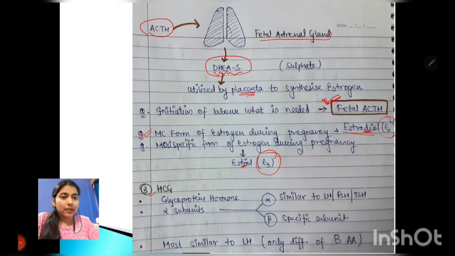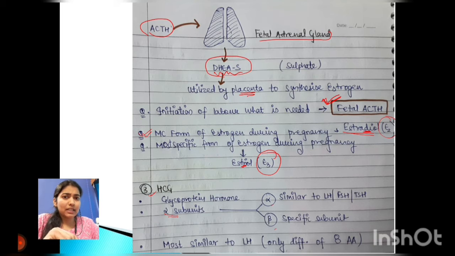HCG is a glycoprotein hormone which has two subunits, alpha and beta. The alpha subunit is similar to LH, FSH, and TSH, while the beta subunit is specific for HCG. As the alpha subunit resembles LH, FSH, and TSH, in hyperemesis gravidarum, when the HCG level is high, it stimulates the TSH.